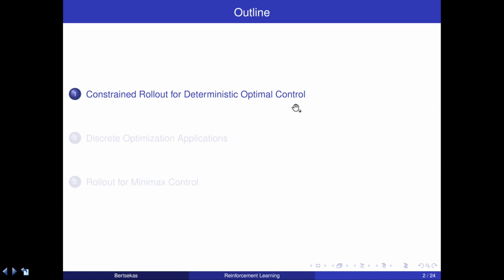Then this type of constrained optimization problems arise in discrete combinatorial type applications. And we're going to give some examples. And then finally, Minimax Control and rollout for that, including the relationship with game situations.